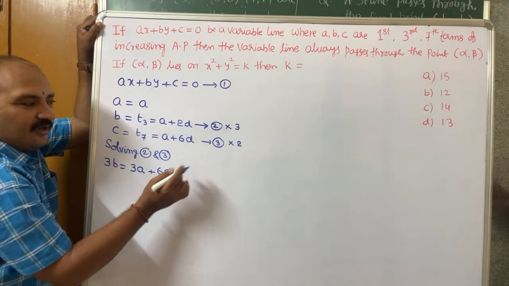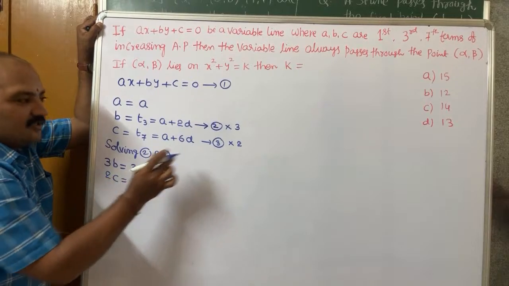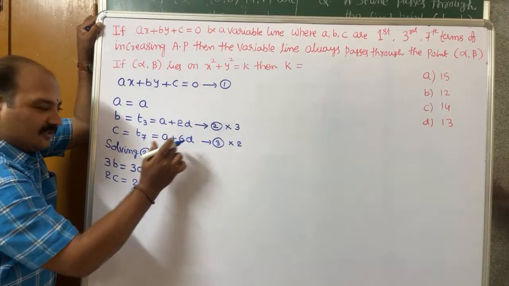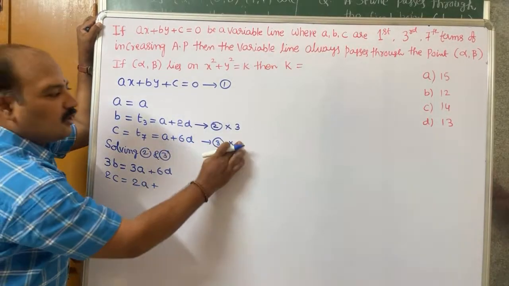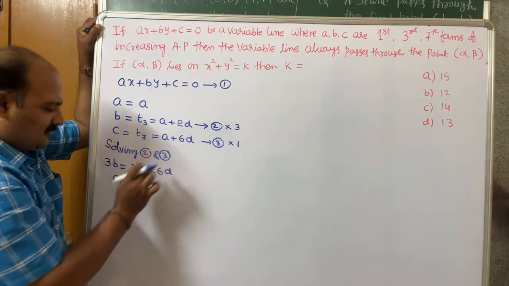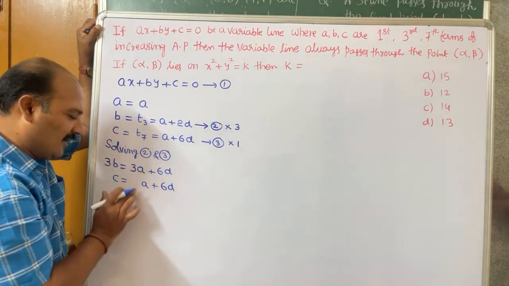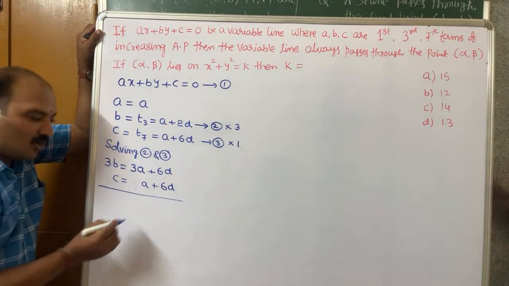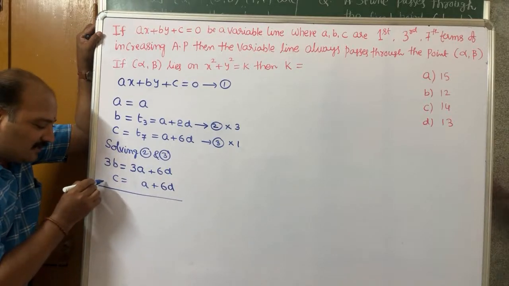Next multiplying with 2: 2c is equal to 2 into a, 2a, 2 into 6d, sorry. Equation 1 needs no multiplication, since I want to eliminate the d value, so that's why only 1. Now I want to cancel the d terms, which means you can subtract.